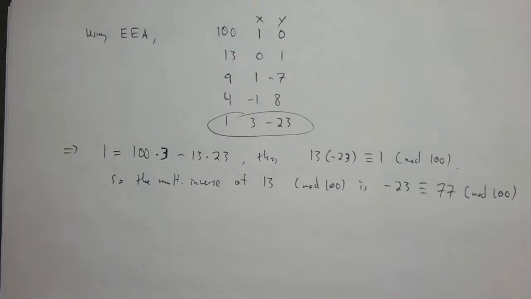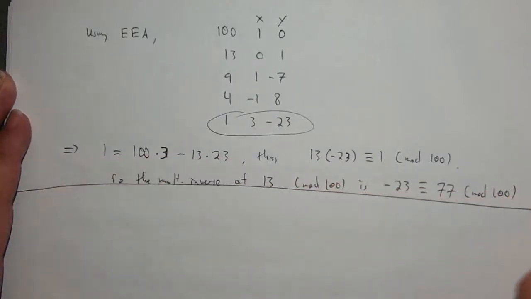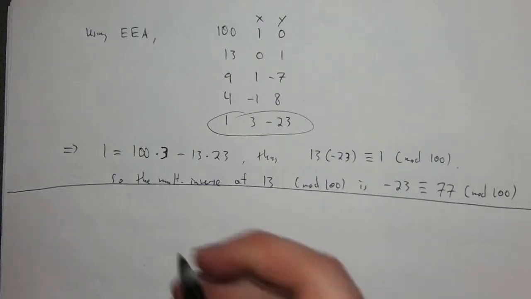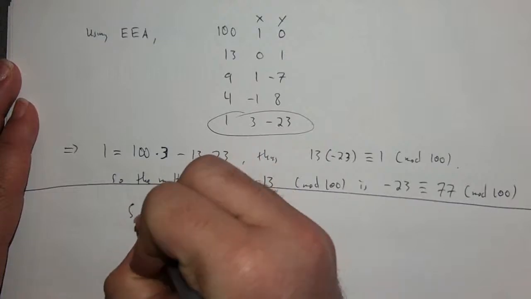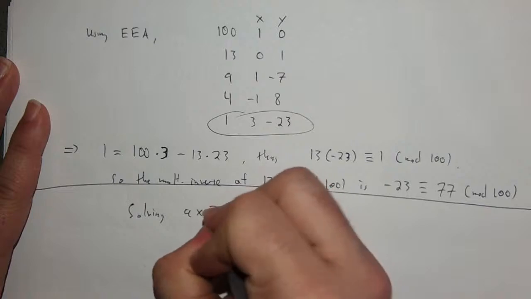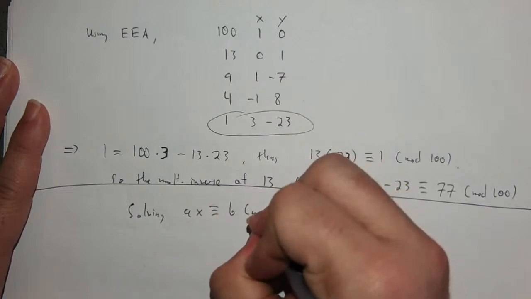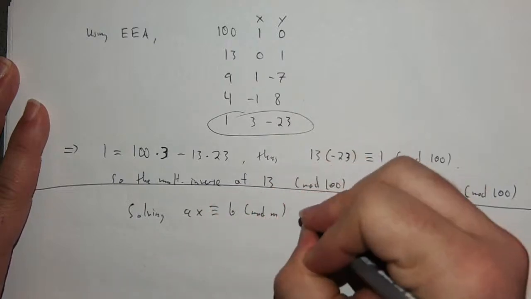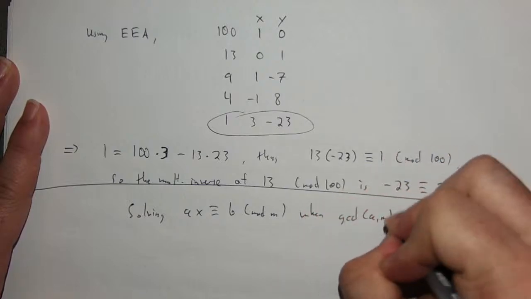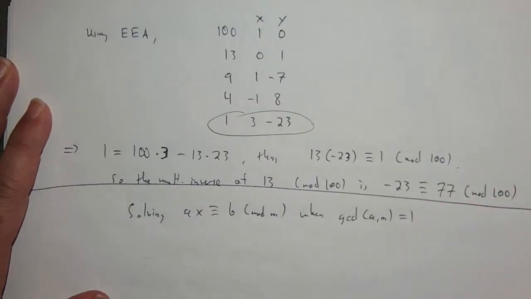What I will say is the following. Here's a quick table for how to solve this. So, solving AX is congruent to B mod M when the GCD of A and M is equal to 1.